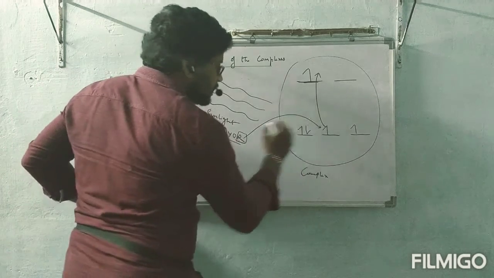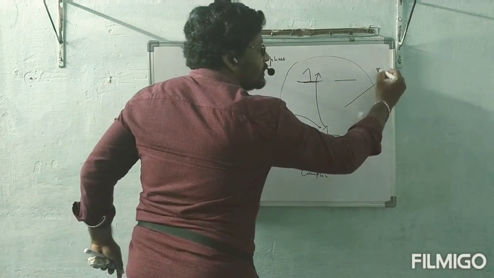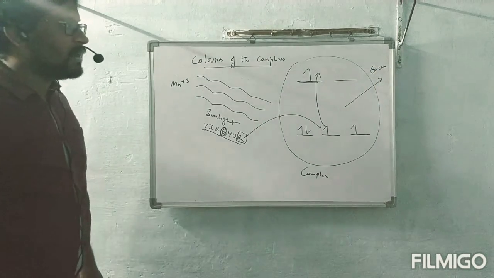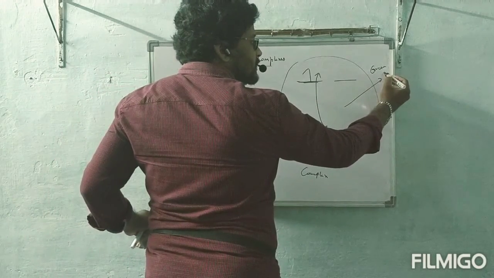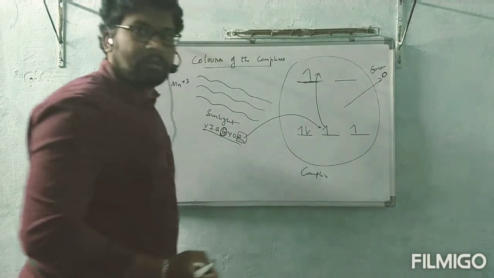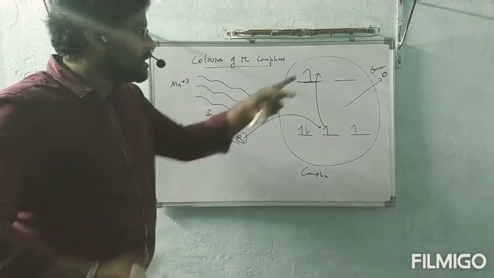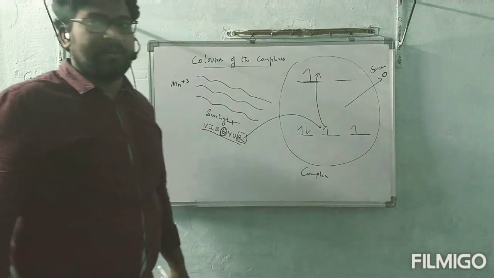So since red is absorbed here, this complex is giving out green color. The green color falls on the observer's eyes. Then this complex is a green colored complex.